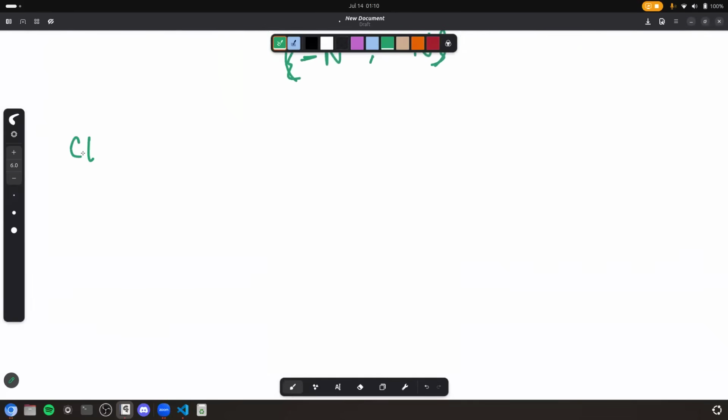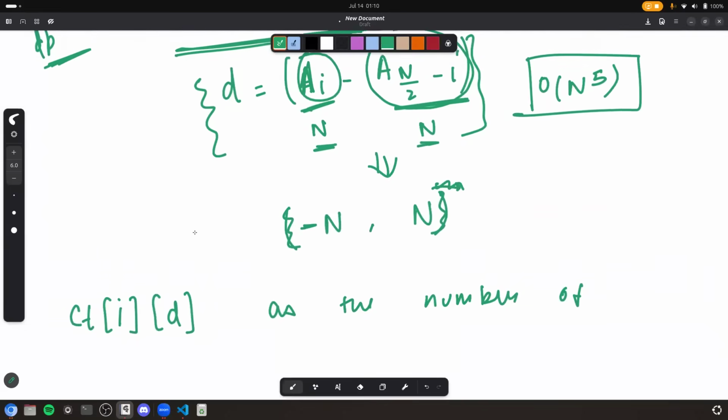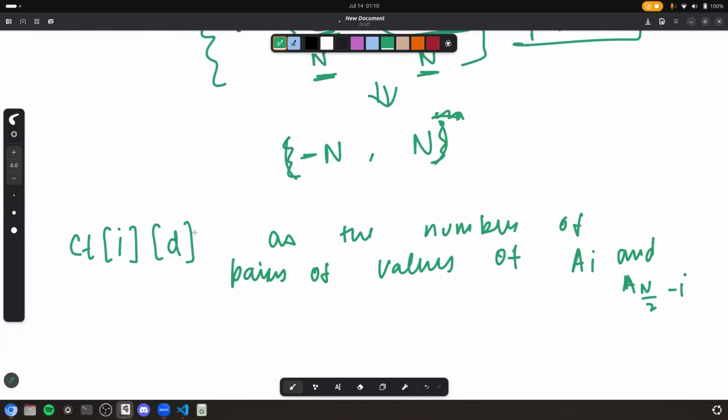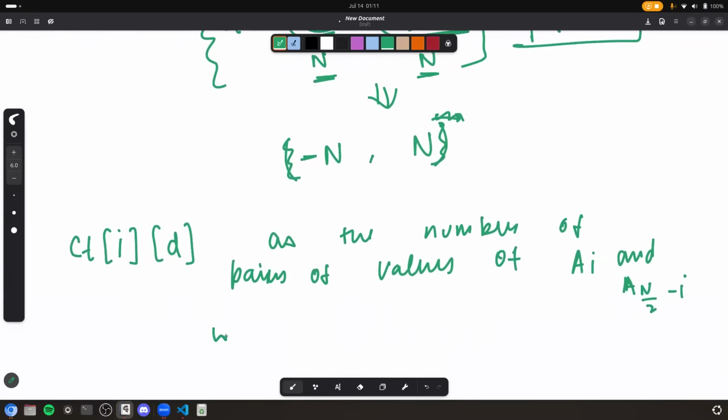Basically, I can store cnt[d] as the number of pairs of values of a_i and a_(n/2 - i) where a_i minus a_(n/2 - i) is equal to d.